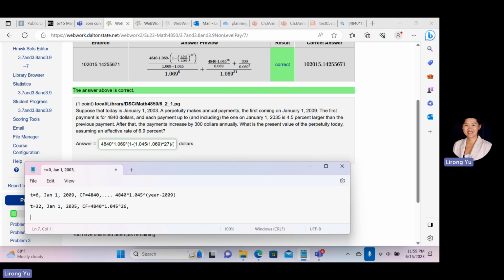So then this is a perpetuity. We're assuming the payments continue. For example, at t equal to 33, the cash flow is going to be the one earlier plus 300.